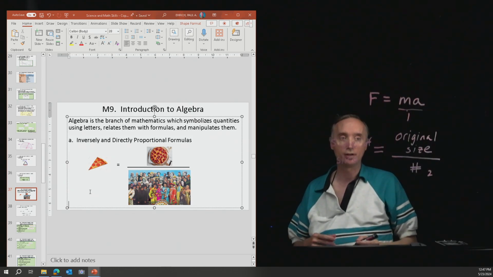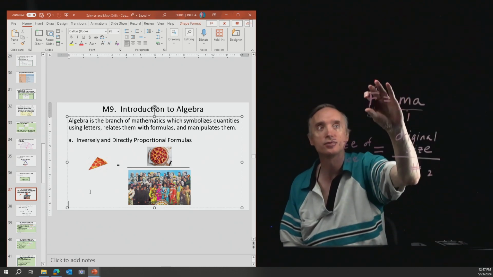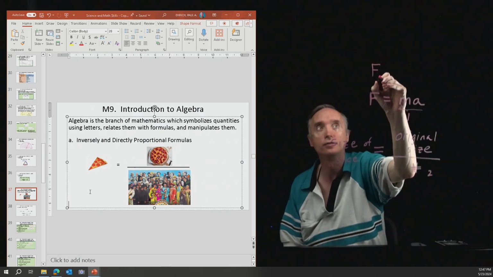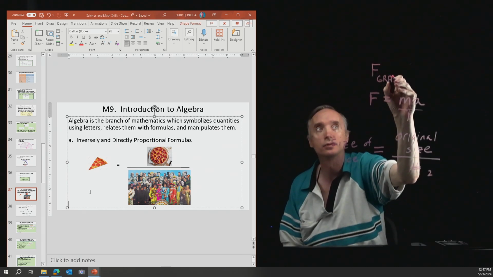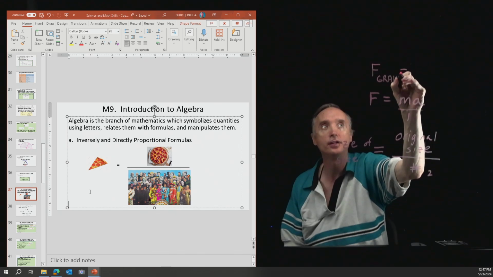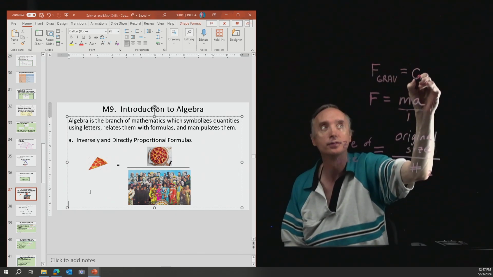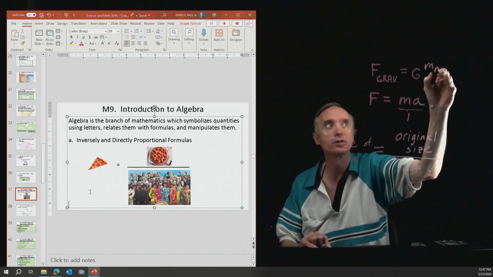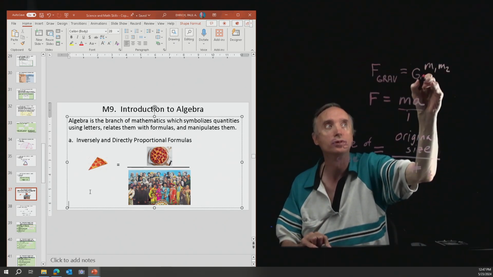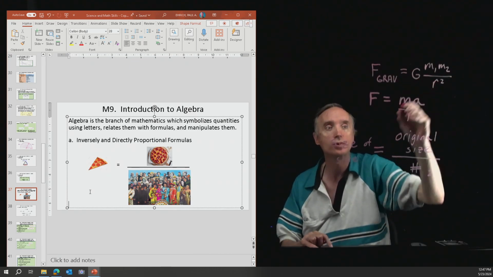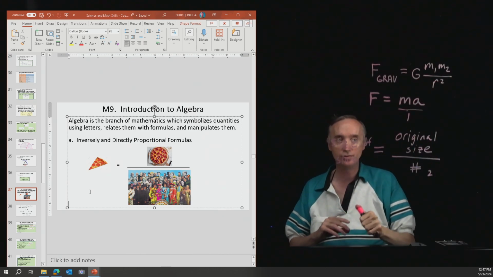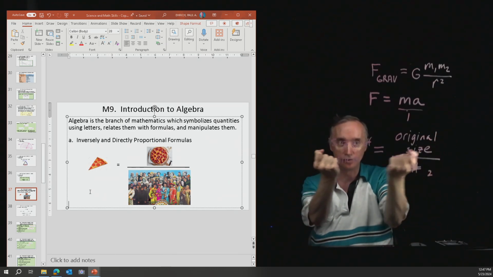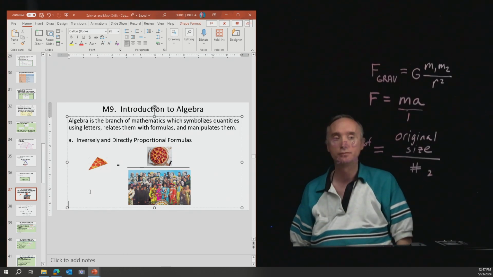But there's another formula that we learn. Now this is force in general, but there's also the force of gravity. And the force of gravity, it turns out, is there's a constant, big G, which we don't care about. It depends on mass number 1, mass number 2, and then divided by the distance between them. So any two objects, mass 1 and mass 2, are going to be pulled towards each other because of gravity.